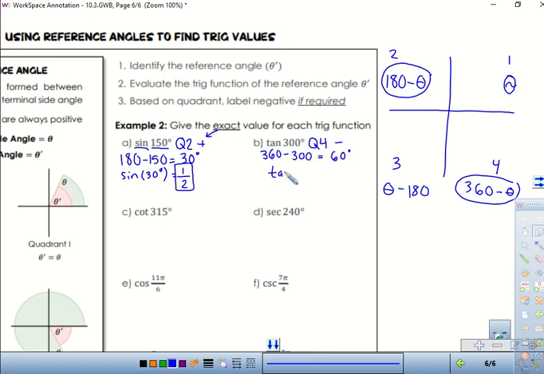We have to take tangent of 60. From your chart, what is tangent of 60? Radical 3. Good. But the sign of it is what? Negative, because earlier we determined it's negative.